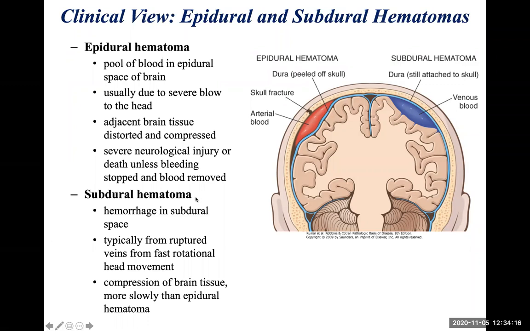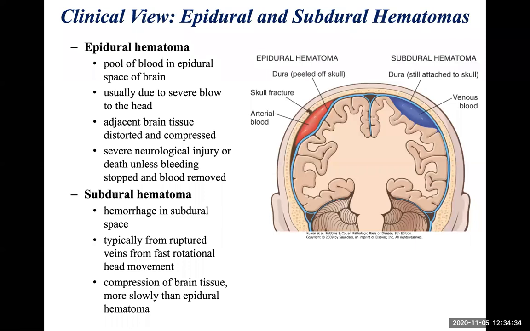Subdural hematomas are, not that they're common, but if someone sustains a head injury, they're relatively more common. Subdural hematomas can be insidious, and these are slow brain bleeds.